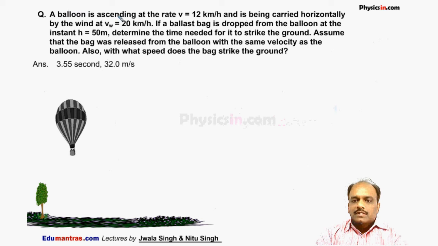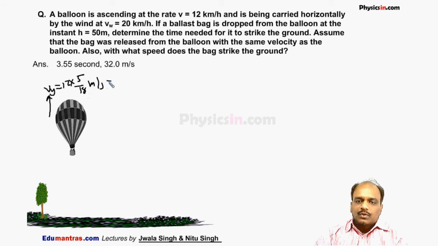Now suppose a balloon is ascending at a rate of 12 km per hour. This balloon is going upward with a speed of 12 km per hour, which means 12 into 5 by 18 meter per second, which is equal to 10 by 3. This is the vertical velocity, and horizontally it is moving with a speed of 20 km per hour, means 20 into 5 by 18.